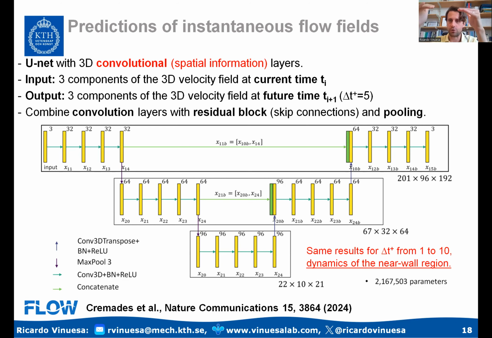You start with very high resolution and you lower the resolution for a while, then you recover the original resolution. Perhaps one key feature here is this green arrow that you can see at the top. This green arrow is connecting feature maps from early in the network, so simpler, more abstract features, with feature maps at the end of the network, which rely on more complicated features from the flow.